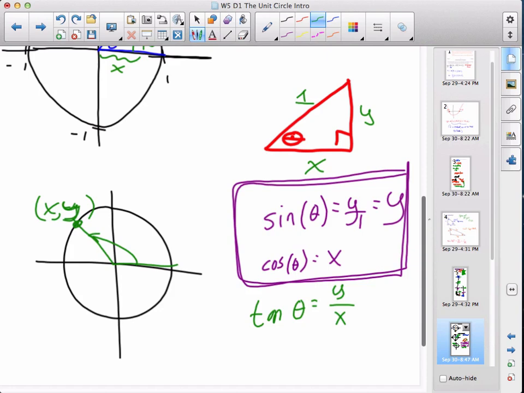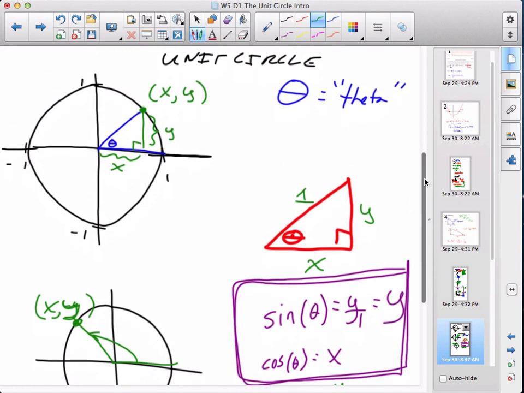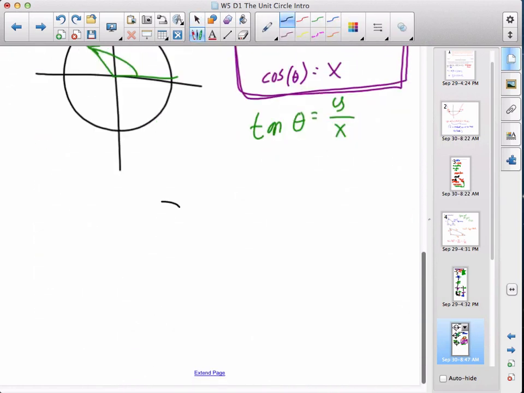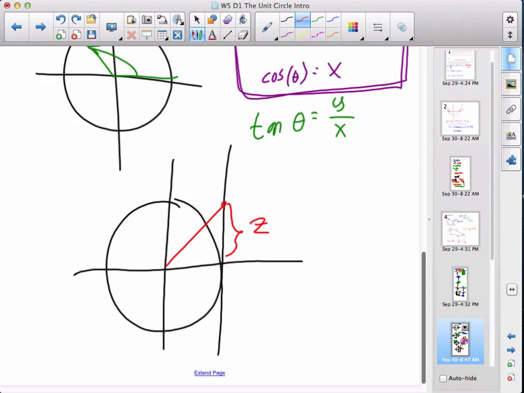Okay. Or if we think back to back in the day, we remember that we used a circle very akin to the unit circle. In fact, it was like a 10-unit circle. And we said that the tangent of an angle could also be equal to this length right here. We'll call it z. And this length right here would be what?